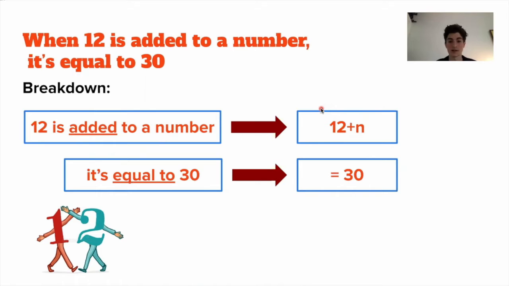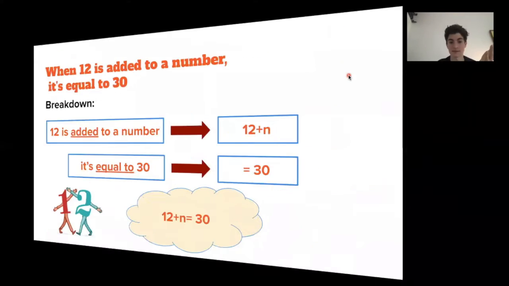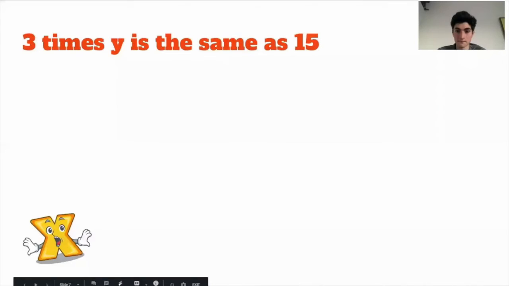We can draw our equation from these two expressions, and we get 12 plus n equals 30. Now all we have to do is solve this equation. We set up our equation on a piece of paper: 12 plus n equals 30. Subtract 12 from both sides to isolate our variable, and we get n is equal to 18.